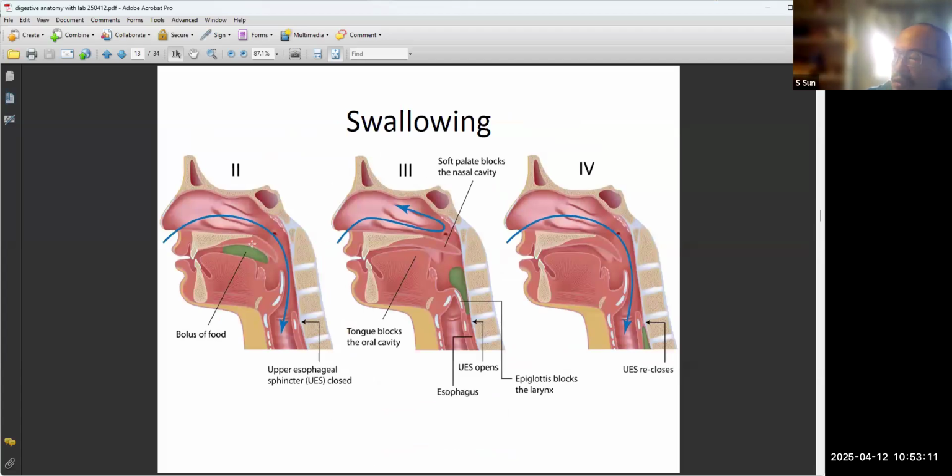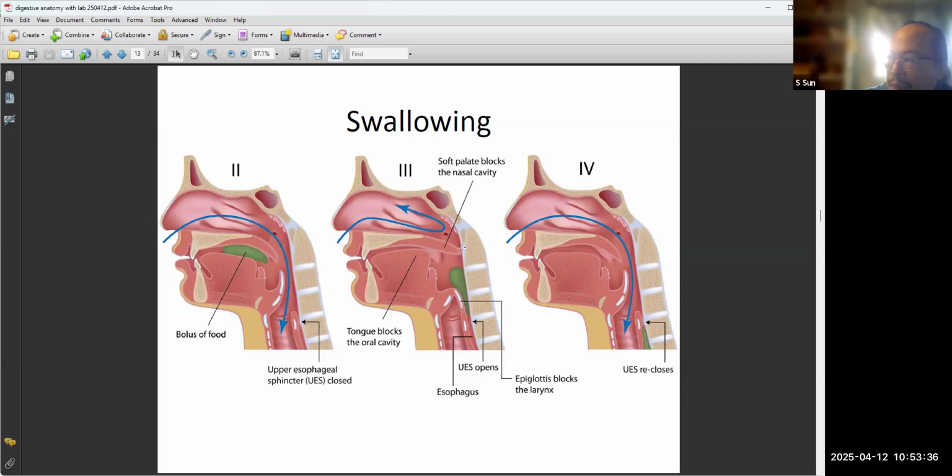Then swallowing. Basically we want to make sure that the food doesn't go into the respiratory tract. The respiratory tracts are the nasal cavities, larynx and the trachea. So we need to block these two, and we have two things to block them.